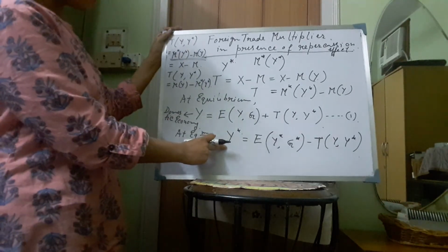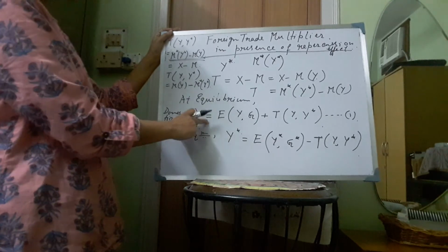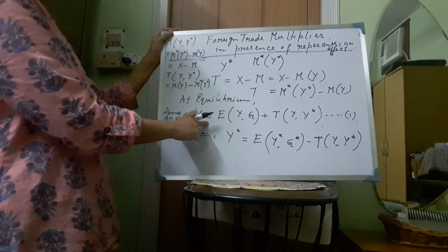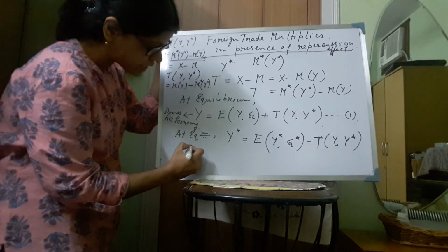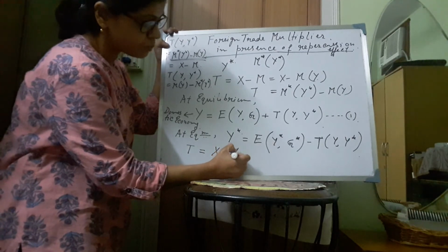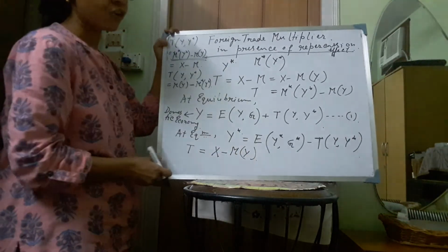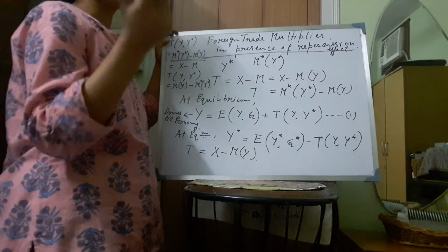So this will be the case when the foreign country's economy is in equilibrium, and this is the condition when the domestic economy is in equilibrium. And what will be the trade balance in the domestic country? This is denoted by T, which is export minus import. Now we know that import is a function of income. Now what is export? Our export is the foreign country's import.